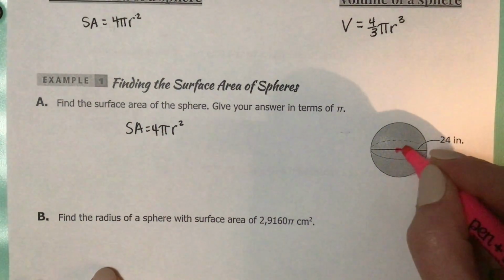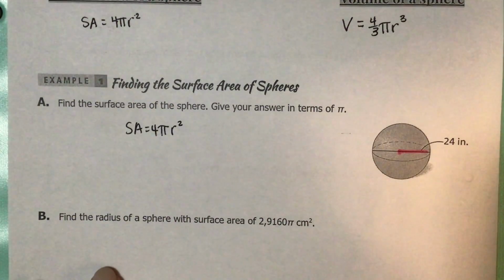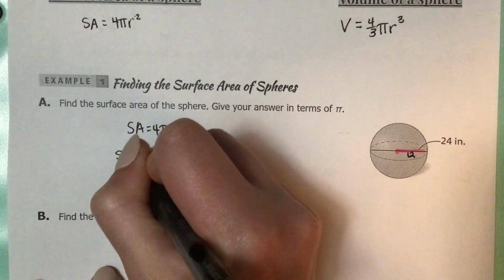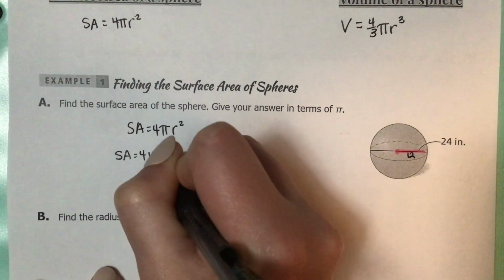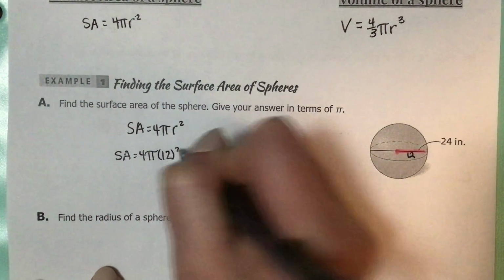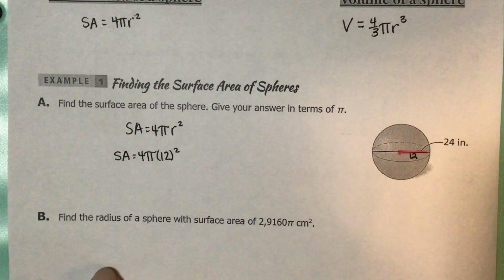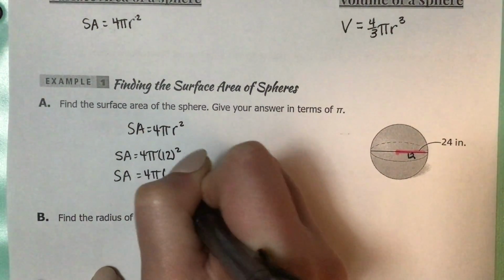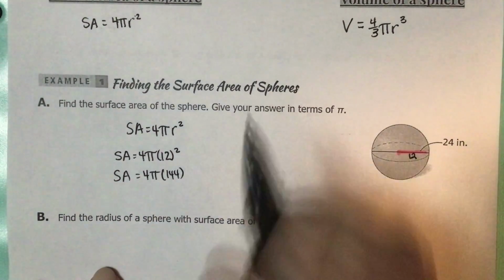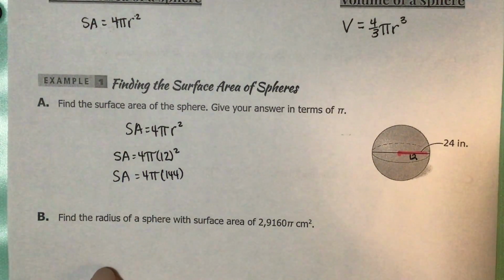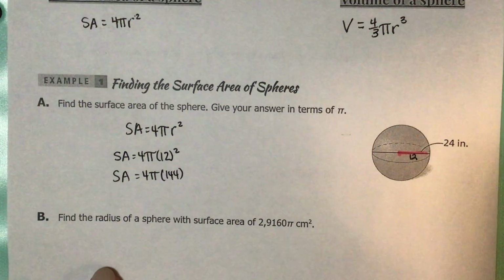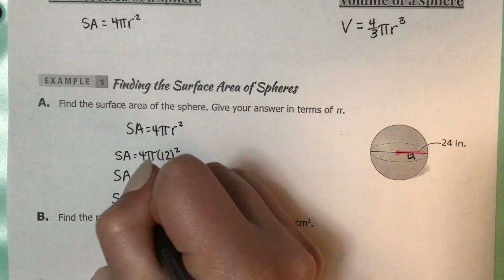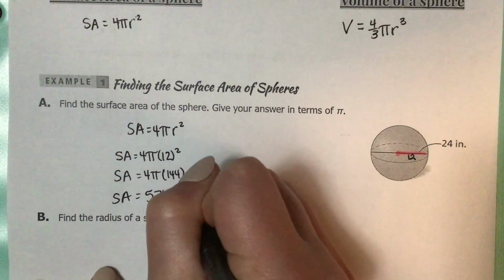So the radius is going to go from the center to the edge. So the radius is just going to be 12 because that's half of 24. So surface area is equal to 4 times pi times 12 squared. When we do that, surface area is equal to 4 times pi times 144. 144 times 4 is 576. So the surface area is 576 pi.